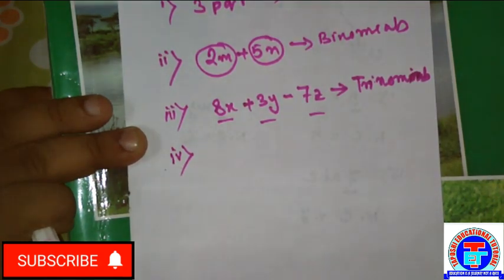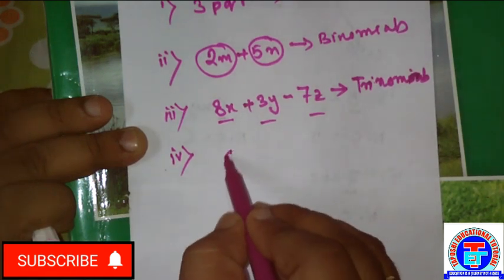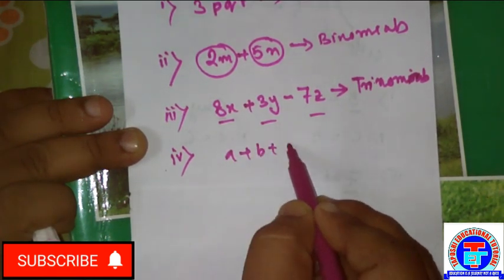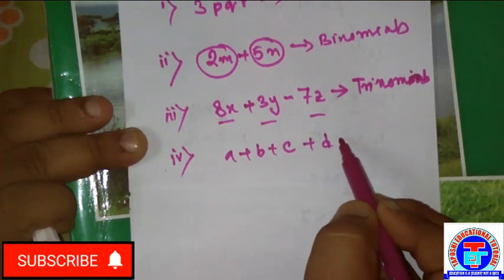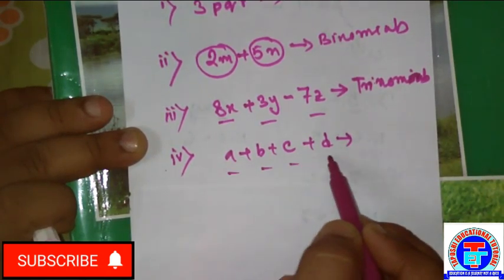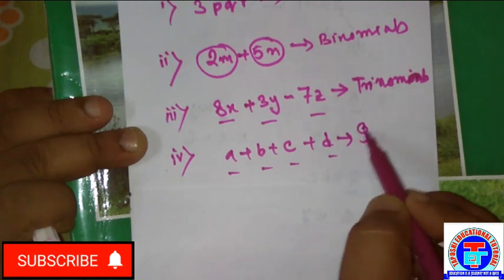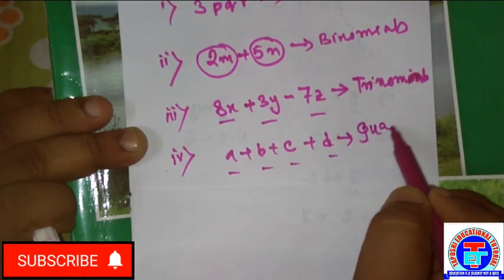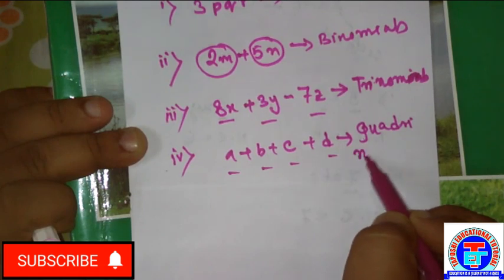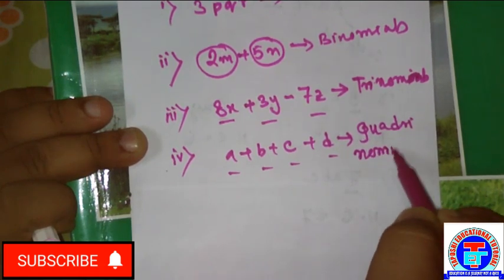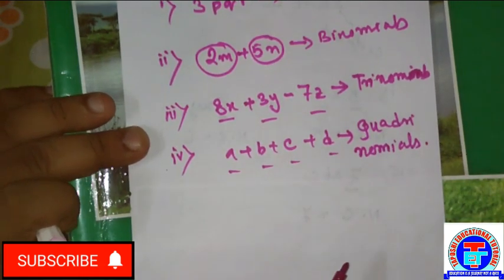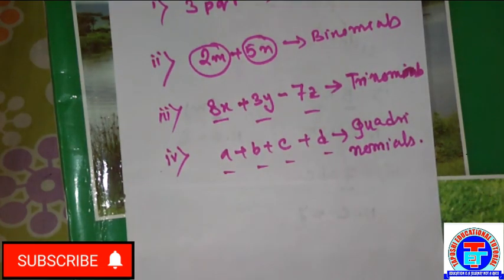Trinomial. Another, number 4, is here. Tell me this one. A plus B plus C plus D. There are 4 terms, right? So it is a quadrinomial.